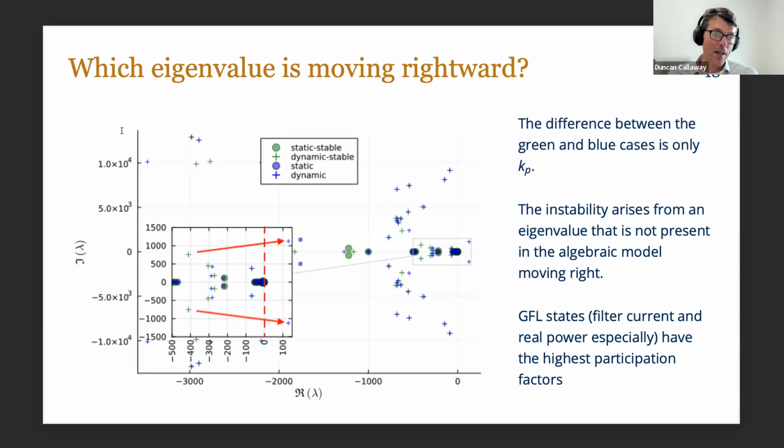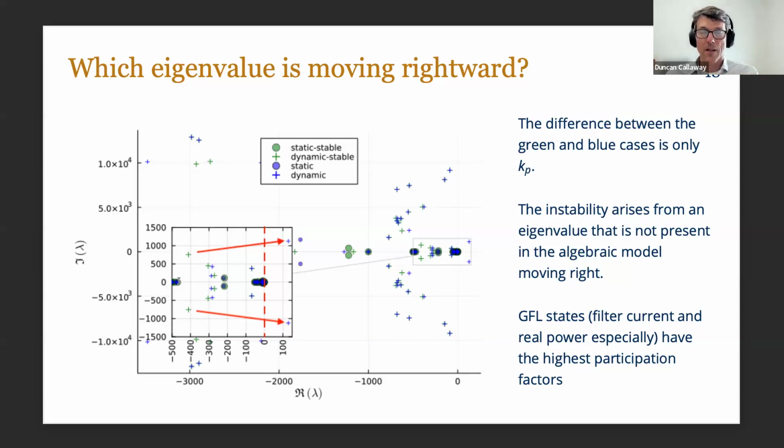So this is showing the imaginary and real part of the eigenvalues from the small signal stability assessment. And I'll just go ahead and zoom right into the inset. So what we're looking at, if it's a green symbol, that is a case with a smaller grid following inverter outer loop gain, and therefore the system is stable.